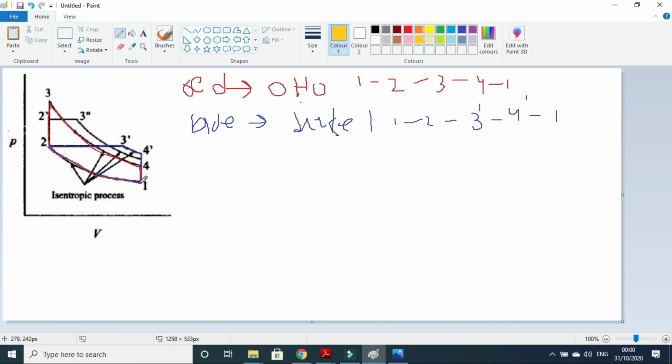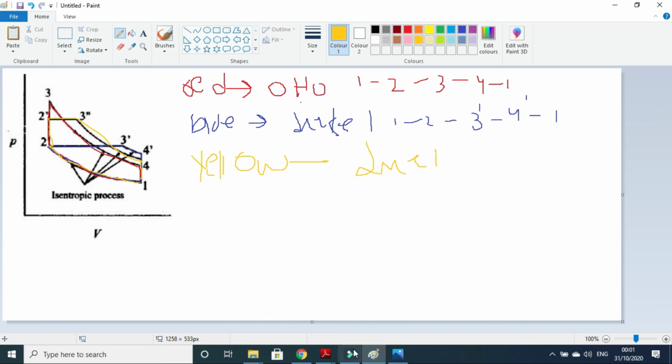So dual cycle is 1 to 2 isentropic compression, 2 to 2 double dash constant volume heat addition, 2 double dash to 3 double dash constant pressure heat addition, 3 double dash to 4 double dash, here it is not written, and 4 double dash to 1. So yellow is actually dual cycle.